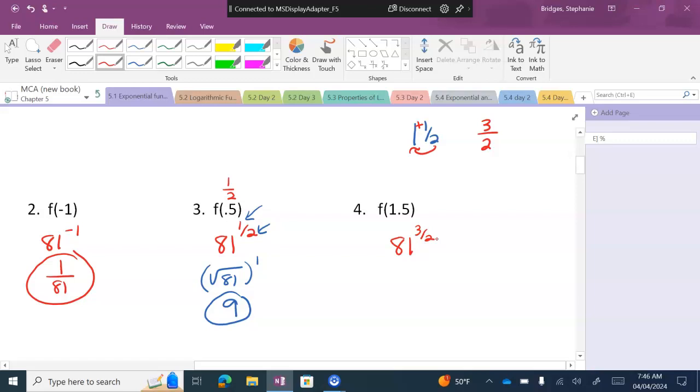So then it turns into a problem very similar to number 3. The bottom number of that fractional exponent is the root that we take. The top number is the power that we raise it to.